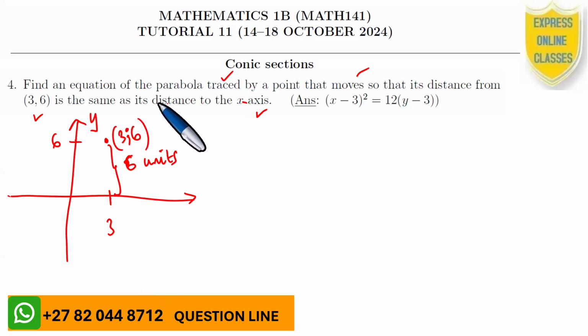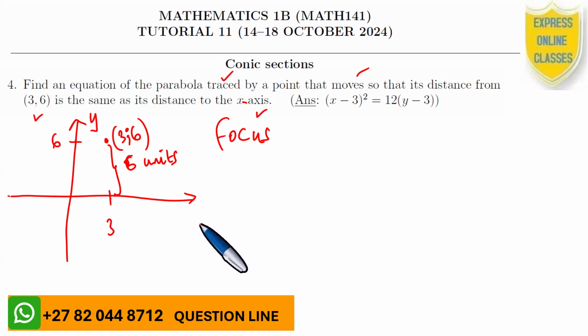When they say you need to find an equation of the parabola traced by a point that moves, there's a point whose distance from (3, 6) is the same as the point's distance from the x-axis. This describes what we call the focus.